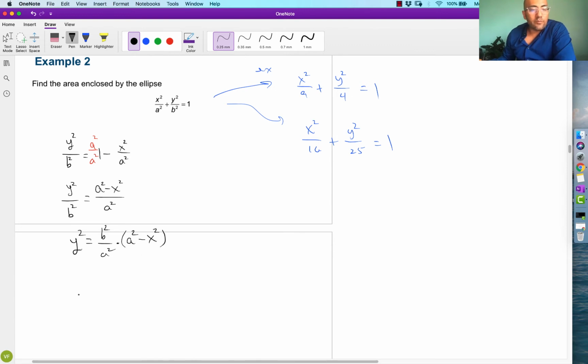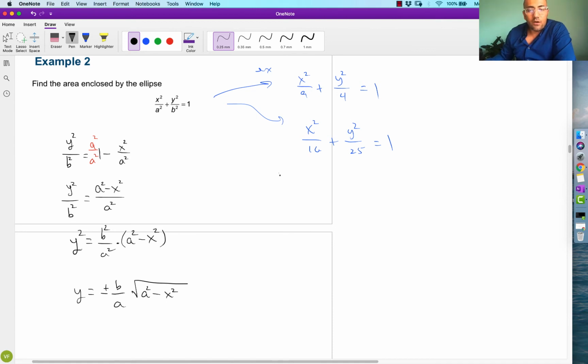And if I take the square root of both sides, I end up with plus or minus the square root of b squared over a squared, which is just going to be b over a. Good. And the square root of a squared minus x squared. Okay? So in terms of functions, the positive is going to end up being the top part of it.